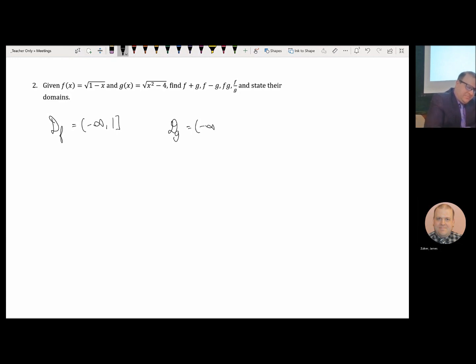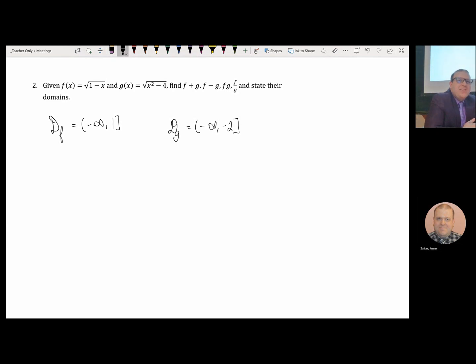It'd be negative a gazillion. And all the way to -2, closed. Because if it is -2, then x squared is 4, and you get root 0, which is okay.